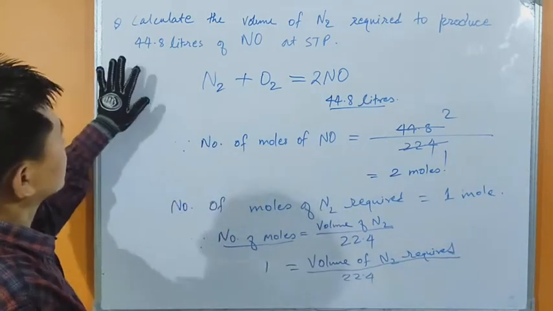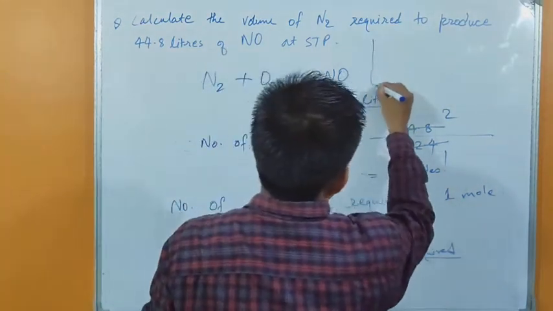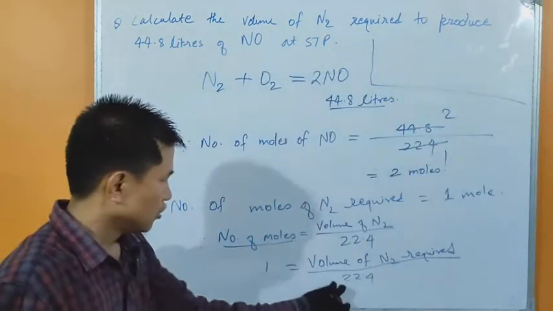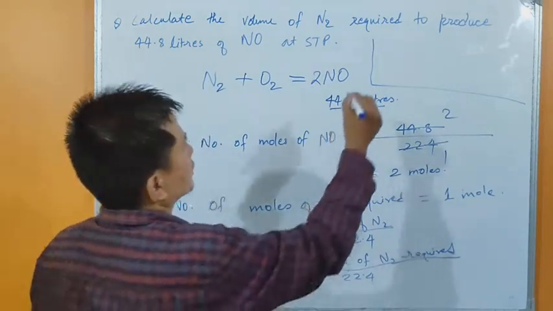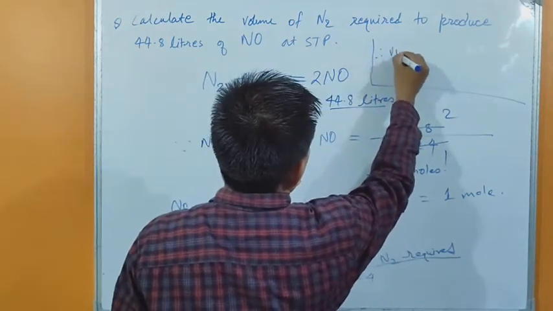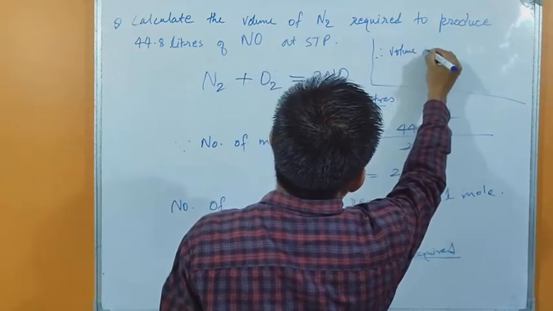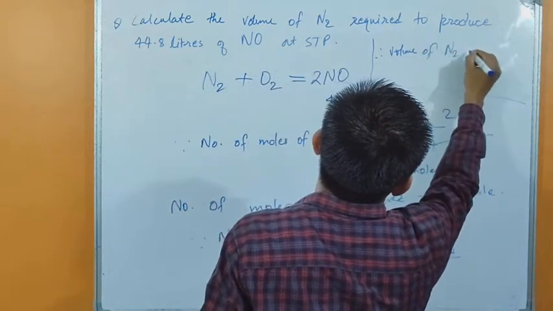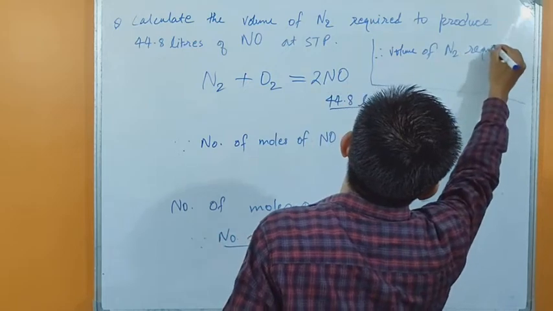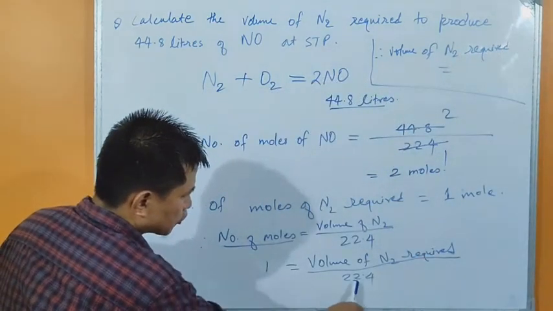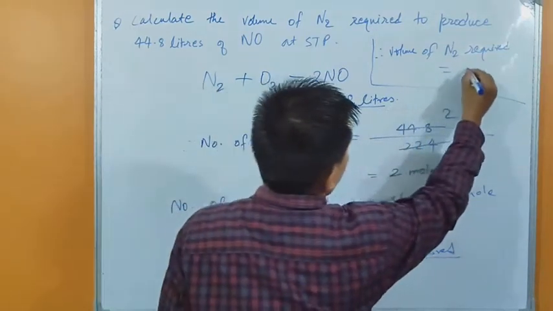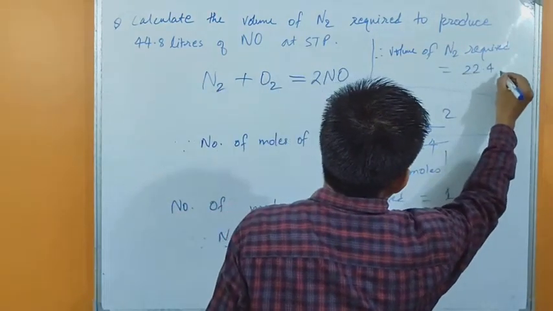Let me continue this here. Okay. So the volume of N2 required will be how much? 22.4 into 1, isn't it? Therefore, the volume of N2 required equals, you can cross multiply this, 22.4 into 1 is 22.4 liters.